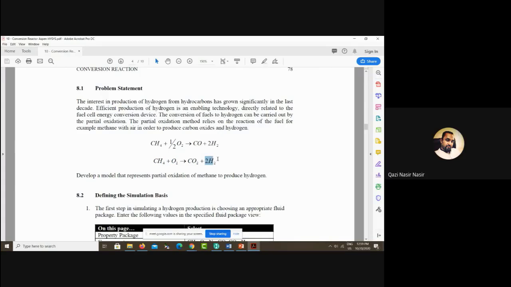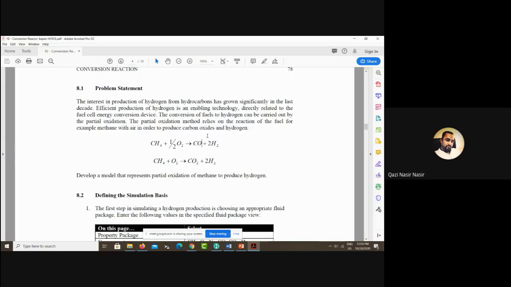So we have two reactions: one is partial oxidation and the other is complete oxidation. In the products, we are producing carbon monoxide, hydrogen, and carbon dioxide. The problem in this kind of reaction is that you need only hydrogen, but you are getting carbon monoxide, carbon dioxide, and hydrogen.